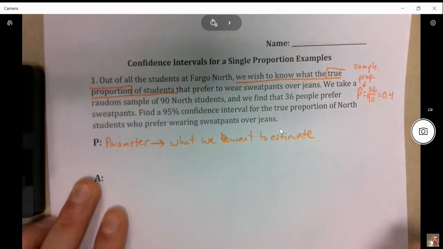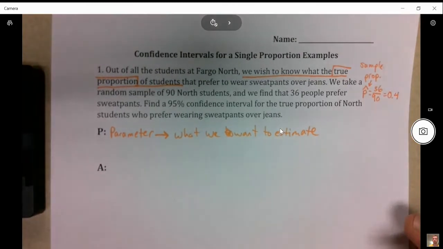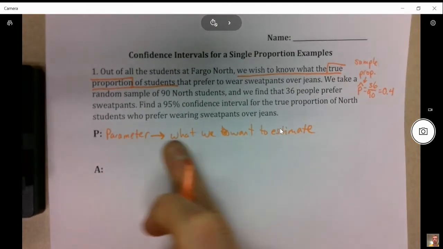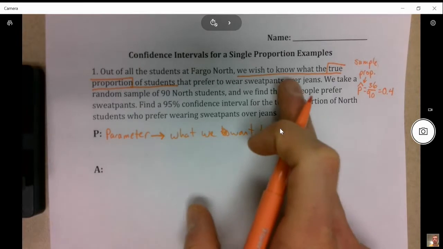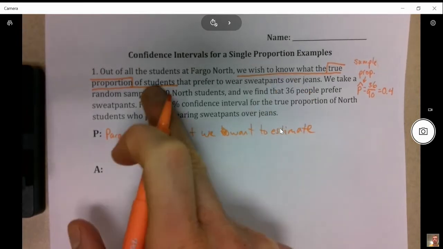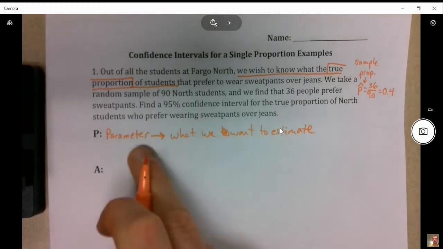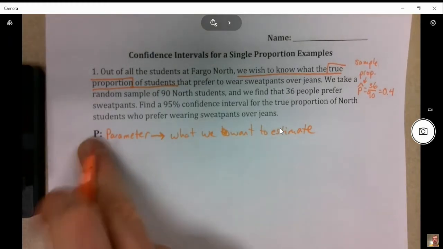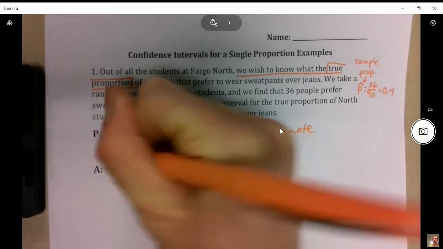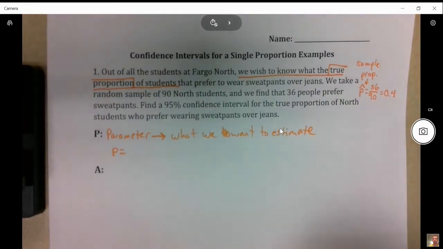All right. And when it comes to a confidence interval, we never actually know what that parameter is. So in this example, we don't know what that actual proportion of all students who prefer sweatpants is. And that's what we're trying to estimate. So that's why in our parameter or our P step, we just have to write what P is equal to and what we're trying to estimate.